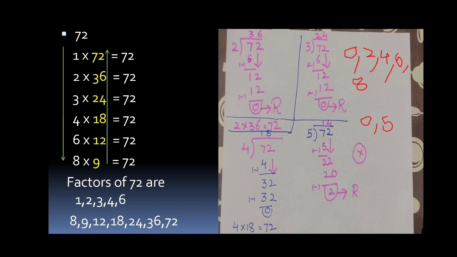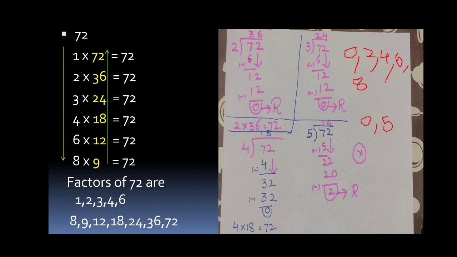As I already said, there is no need of writing again 9 8s, 12 6s, 18 4s, 24 3s, 36 2s, 72 1s, because in multiplication the order does not matter. As I said, the divisibility rule for 2 is that if you have 0, 2, 4, 6 or 8 in the units place of any number, then you can say it is divisible by 2.